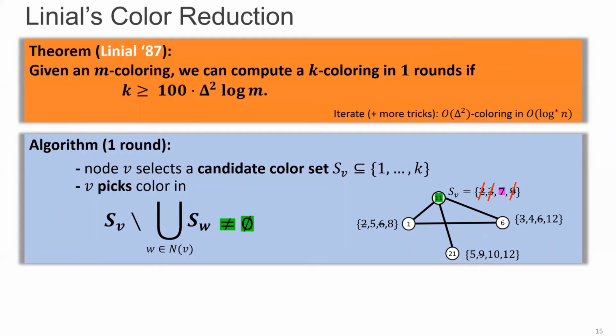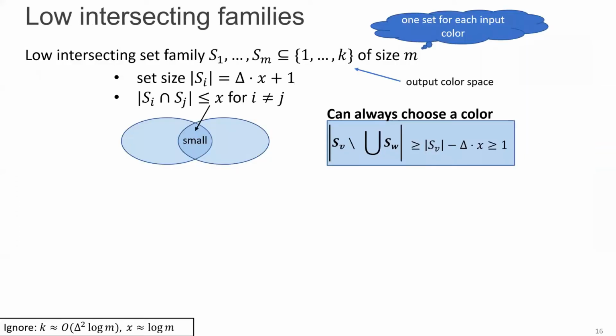So the difficult part, of course, is to choose this candidate color set such that you always have one color that you can pick in the end after removing candidates of your neighbors. And one way of obtaining this is by having a so-called low intersecting set family. So basically these candidate sets, and you need one for each input color, and there you already see how they're assigned. You just hard code your input color to one of these candidate sets.